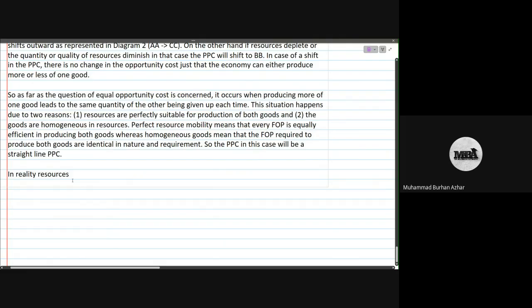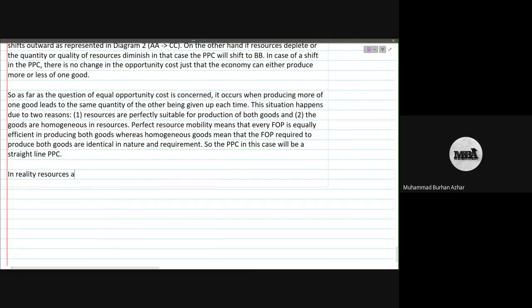Okay? So we'll say in reality, resources are specialized in nature and are not equally efficient in producing both goods, and goods are not homogeneous.